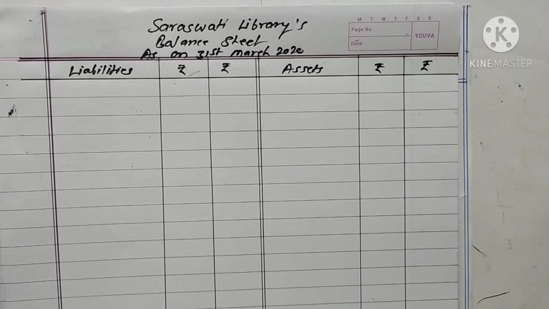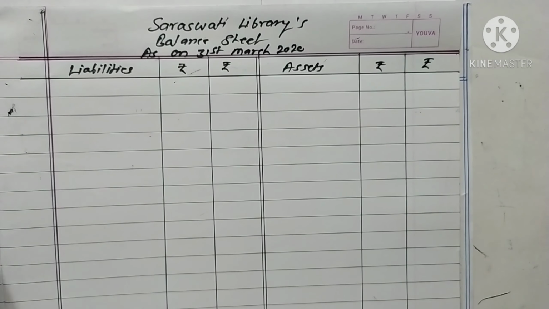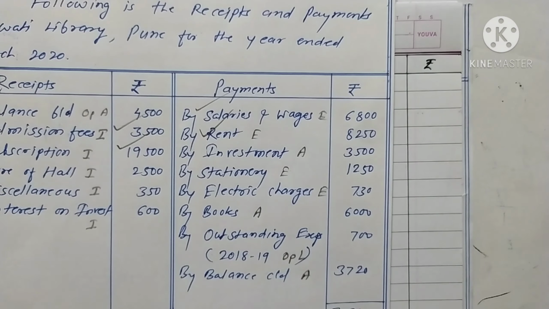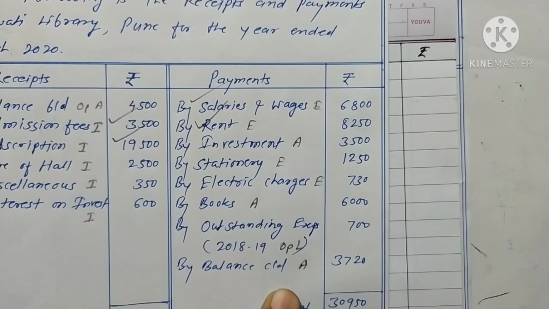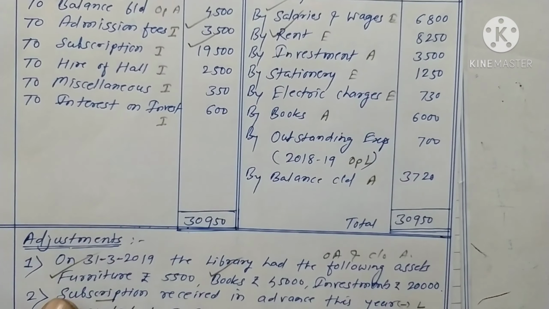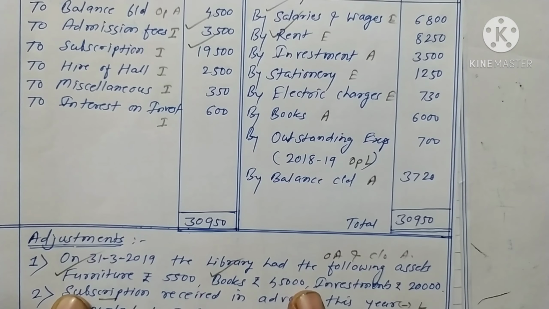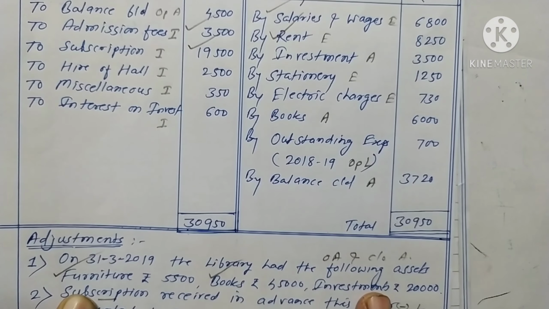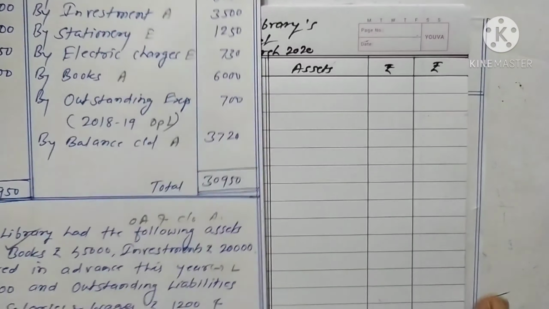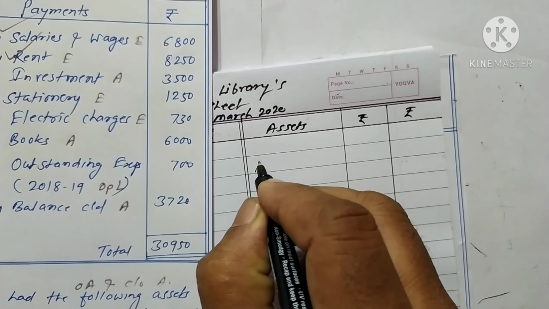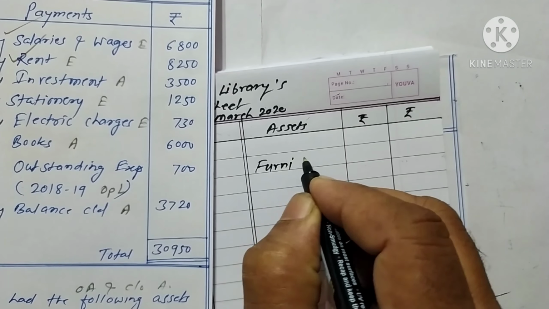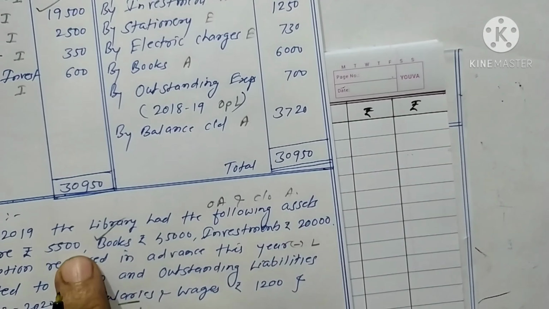Now we go to the balance sheet. First we try to complete the asset side. Now see, in assets: investments, cash in hand, books. But we have to firstly write the opening assets: furniture, books, investment. Firstly furniture, rupees 5,500.